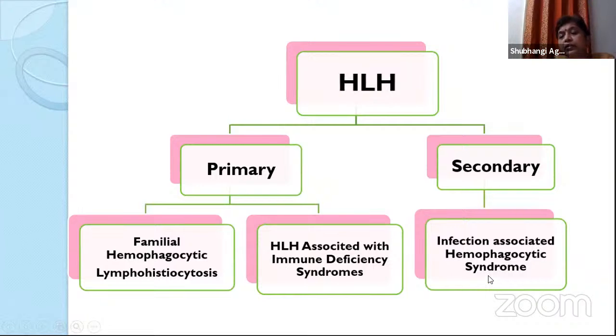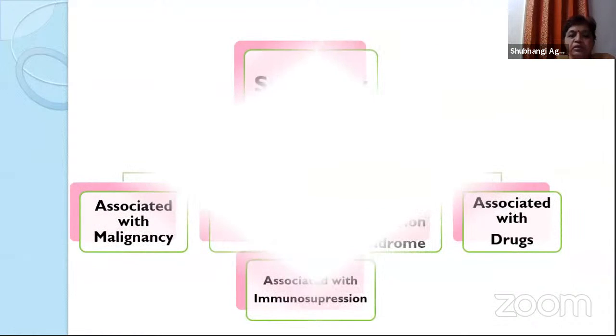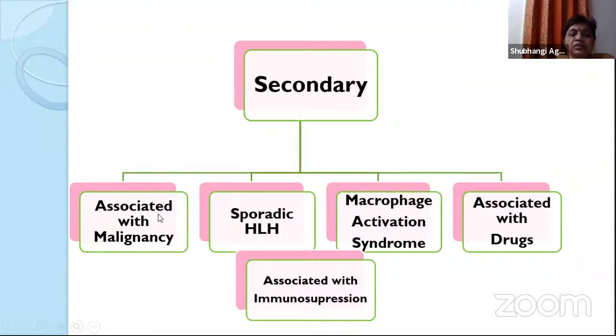The infection may be bacterial, viral, or protozoal, and these infections may cause secondary HLH. You have secondary HLH also associated with malignancies such as lymphomas, T-cell leukemias, and other lymphomas, sporadic HLH, then macrophage activation syndrome, and HLH associated with drugs and immunosuppression.